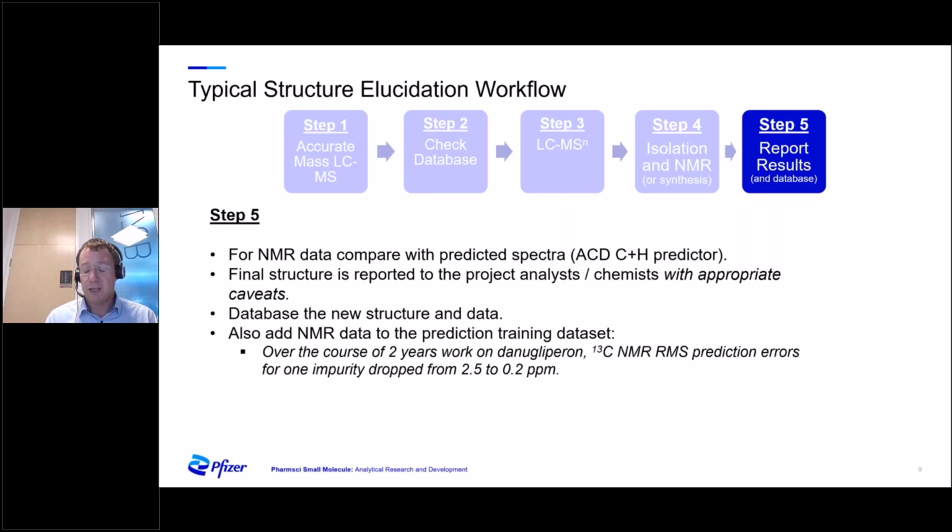And this has the advantage that when you've got a few similar structures for a particular API in the database for the training set, it means that the predictions become more accurate. So for example, over the course of 2 years' work on danuglipron, the RMS errors for 13C NMR predictions went down from 2.5 ppm down to 0.2 ppm, which is not too shabby at all.